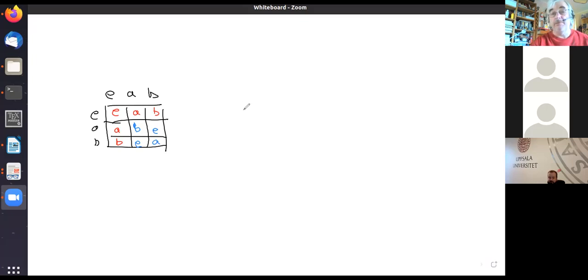This is the group table 3 by 3 for a third order group. And since we haven't actually decided any meaning of the elements, this is the only third order group, one says.